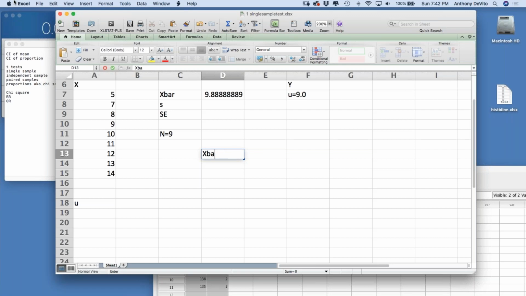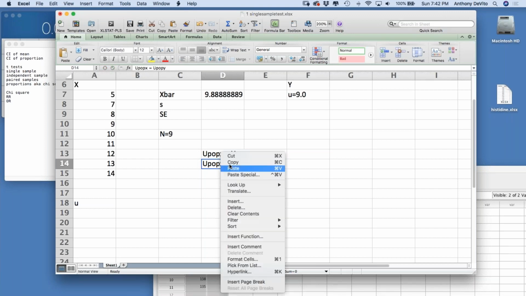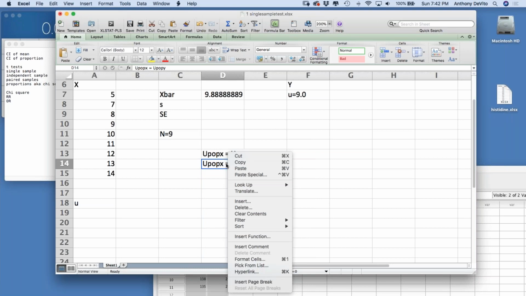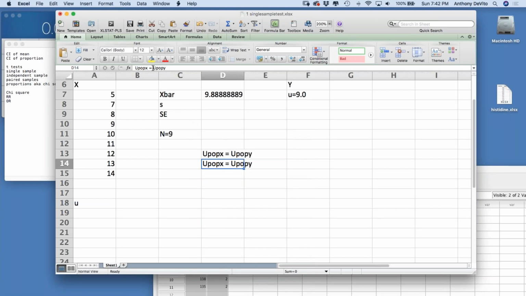I'm interested in comparing the mean for population X with the mean for population Y. Are they equal to one another, or are they not equal to one another? Not equal to each other.